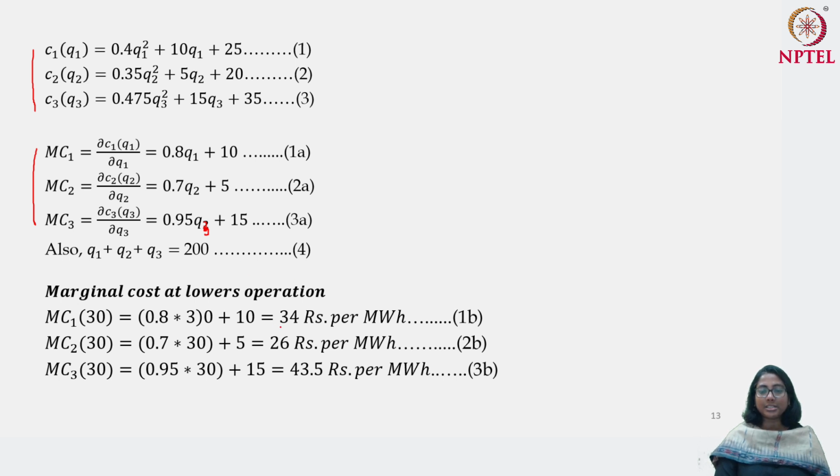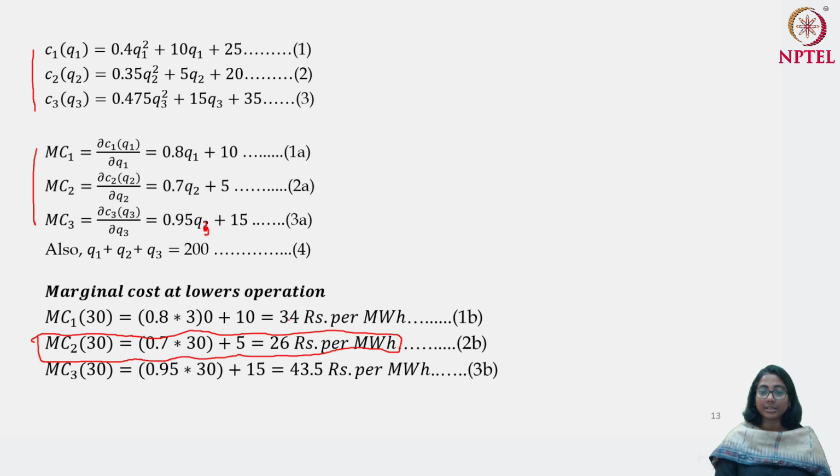If I compare 34, 26 and 43.4, I see that the marginal cost of the second plant is lowest at Q equal to 30. So this is the most efficient plant that you have.